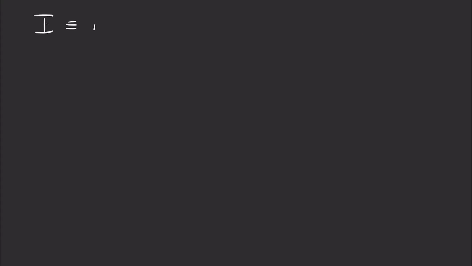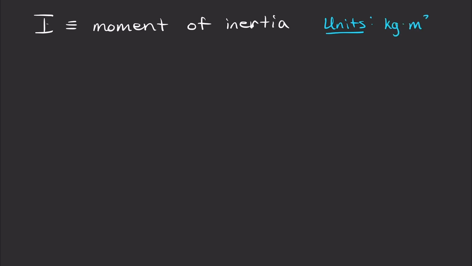So we said I was defined to be the moment of inertia. You think of mass as what carries inertia, and then you have moment of inertia for rotational motion. If you go back to our equation before, it has units of kilograms times meters squared.